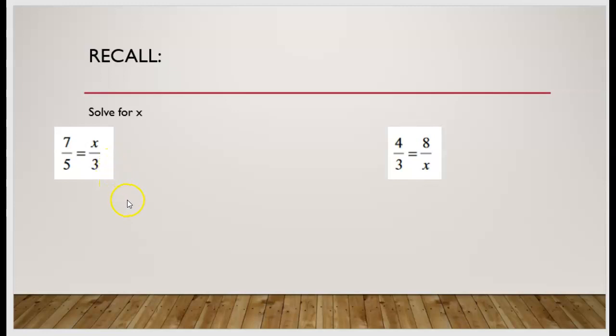So let's just recall how to solve a proportion. There's actually two ways to do this. It's kind of up to you, but when you have two fractions that are set equal to each other like this, remember this whole thing is called a proportion. You can do what's called cross multiplication. So we could do 5 times x equals 7 times 3. We get 5x equals 21, and then we would just divide both sides by 5.